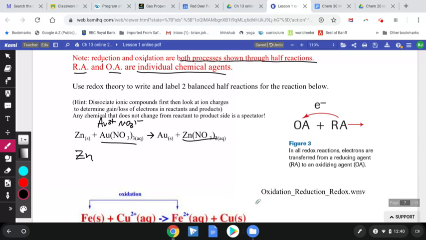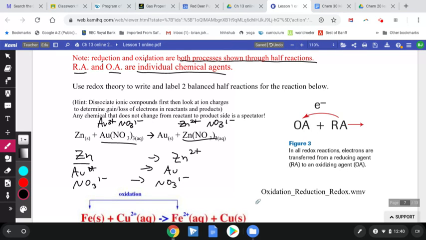This one's made of zinc 2+ and NO3 1-. Okay, zinc goes to zinc 2+. Au3+ goes to Au. And NO3 1- goes to NO3 1-.